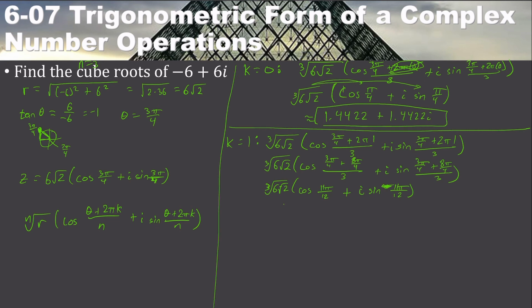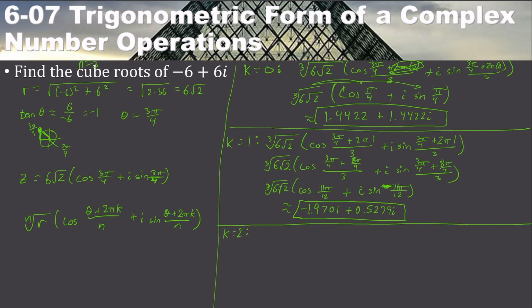And if I put that in the calculator, it becomes approximately negative 1.9701 plus 0.5279i. That's my second of the cube roots.